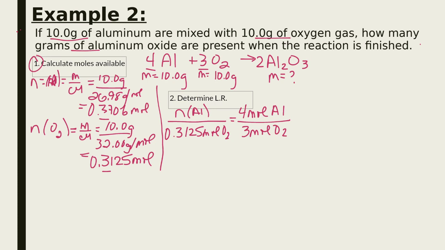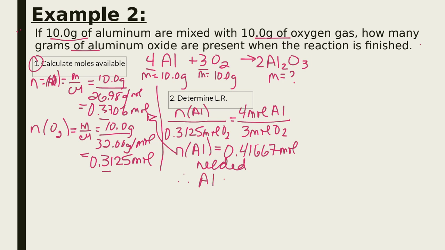And when I calculate the moles of aluminum that I need, based on these coefficients, I get 0.41667, I'll round to, moles needed. And again, I compare this to the amount available. So I have this amount available. I don't have enough. So therefore, I know that aluminum is the limiting reactant. In chemistry, we don't often want a therefore statement, but we do with limiting reactants so that you know which one truly is going to run out first.